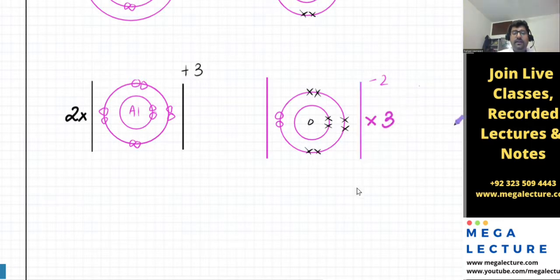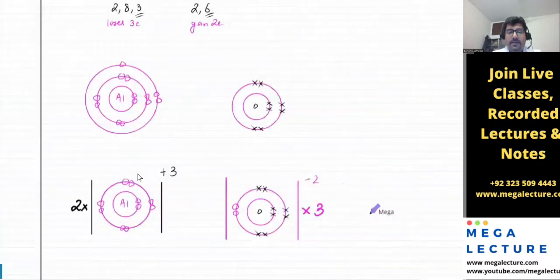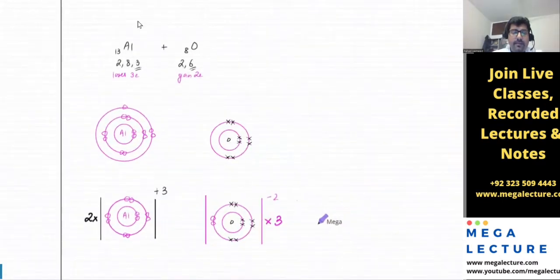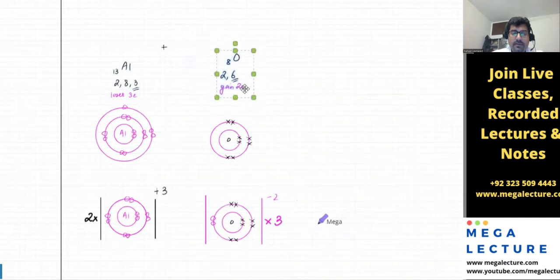So there are going to be 3 oxygens and 2 aluminiums. Why? The reason is pretty straightforward.